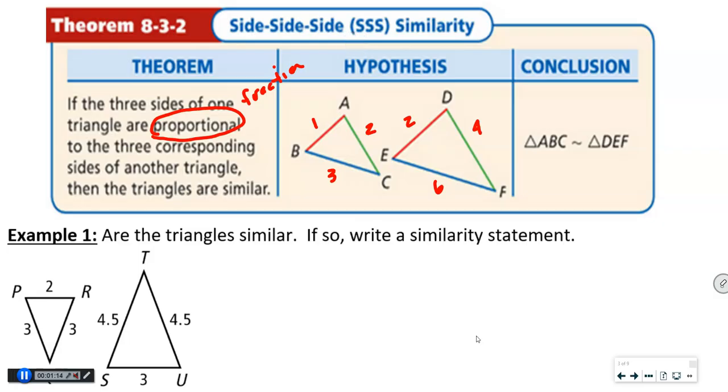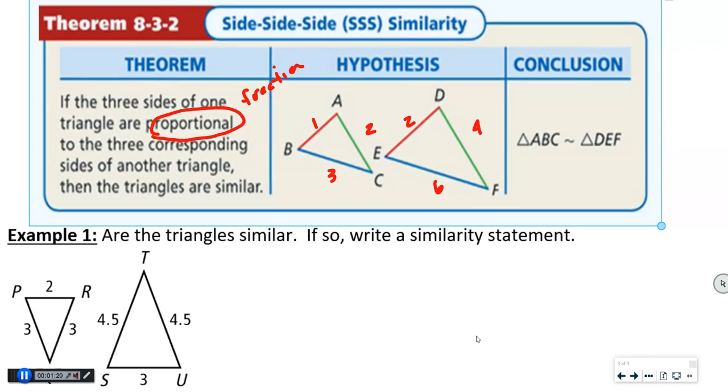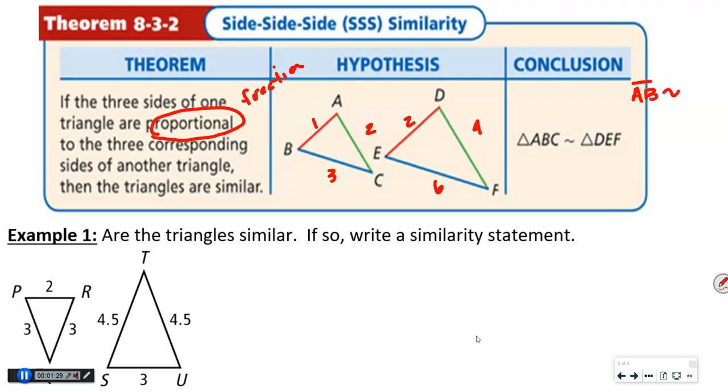It means AB is going to be similar to DE, and then BC is going to be similar to EF, and AC is going to be similar to DF.